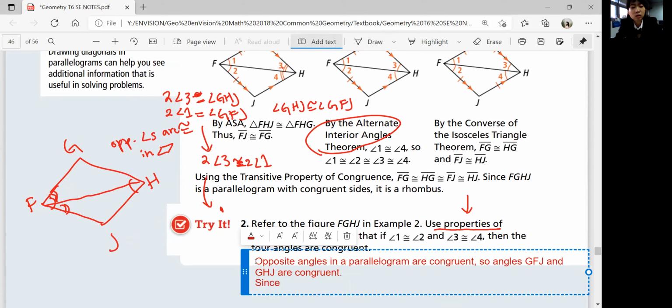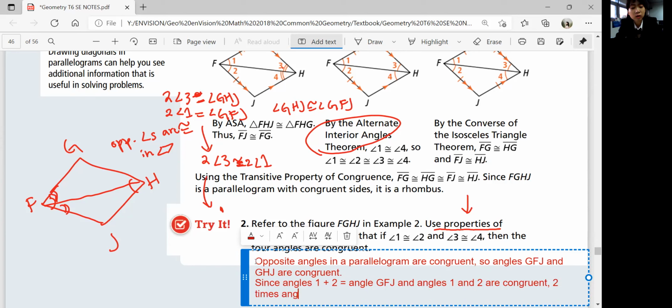And since angles 1 plus 2 is equal to angle GFJ, angles 1 and 2 are congruent. You can say that 2 times angle 1 is equal to angle GFJ.